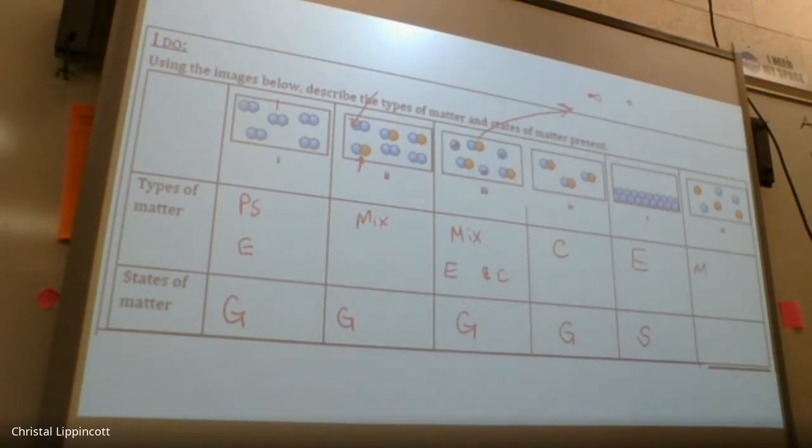Mixture. He is a gas, and he's a mixture of what? Two elements, right? Good? Working on these okay? Feeling good about these? Element and compound. Yep.